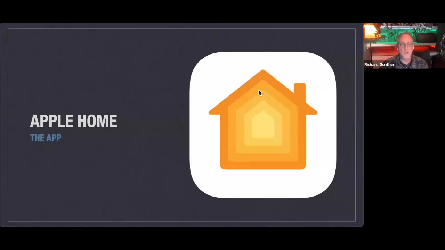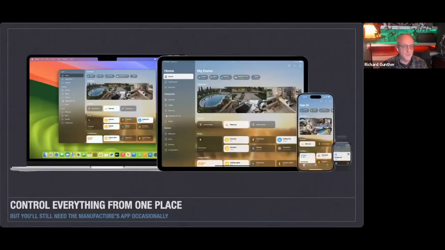So this time we're talking about Apple Home, the app. And if you're familiar with this at all today, this is the app that runs on all your different Apple devices and allows you to control everything that's connected through Apple Home in one common interface across all those platforms: your computer, your tablet, your phone, your watch.